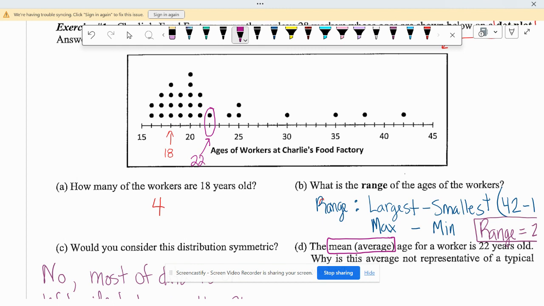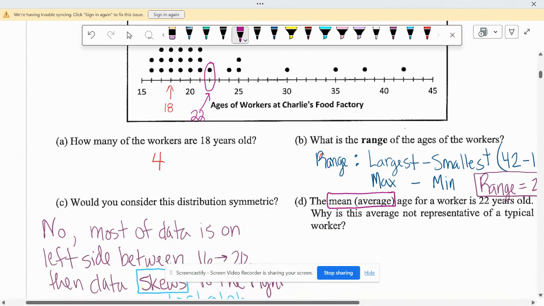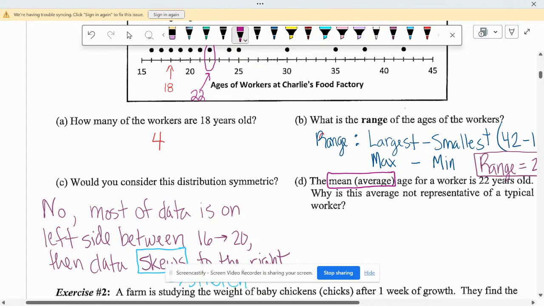So when I think about the average, it says that the average age of our workers is 22. Does that make sense? Does our data represent that? Like, does that dot plot represent that? What does it represent? You think that the average is what? 21, you guess, Jerry? Yeah, 20, 21.